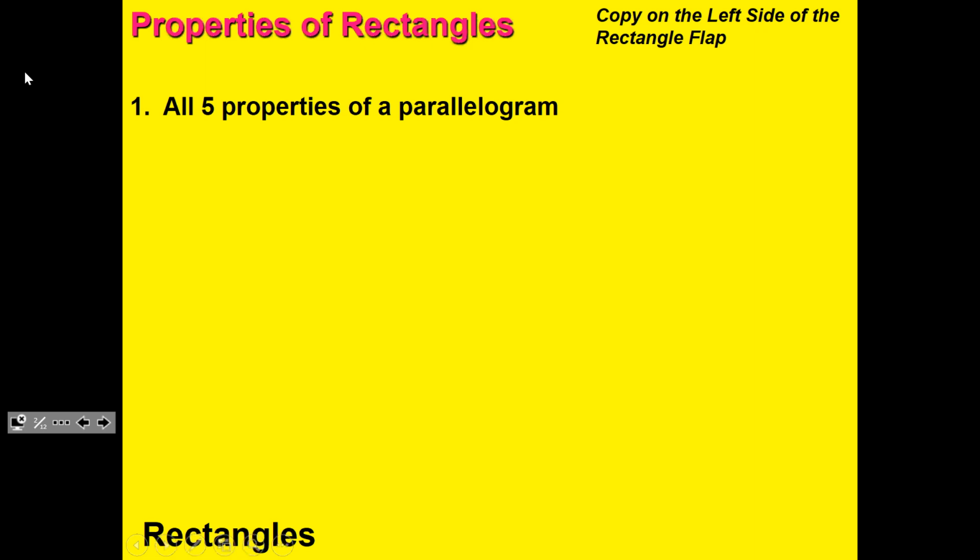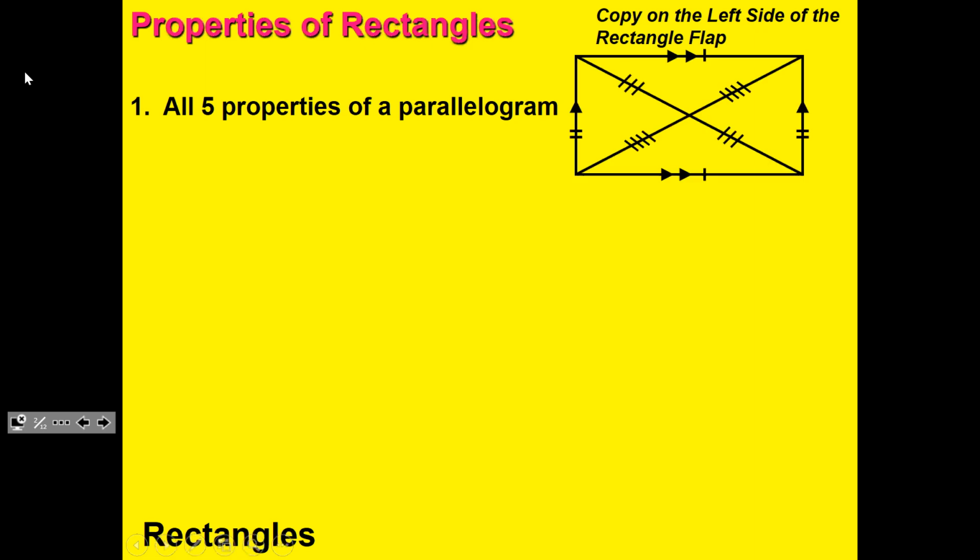Its first property is that it has all 5 properties of the parallelogram. So to save us from making that list of 5 again, just write that it has all 5 properties of your parallelogram. Okay. So draw yourself a rectangle and mark all of that information up. So we have marked here that this side and this side are congruent, as well as the 2 ends.